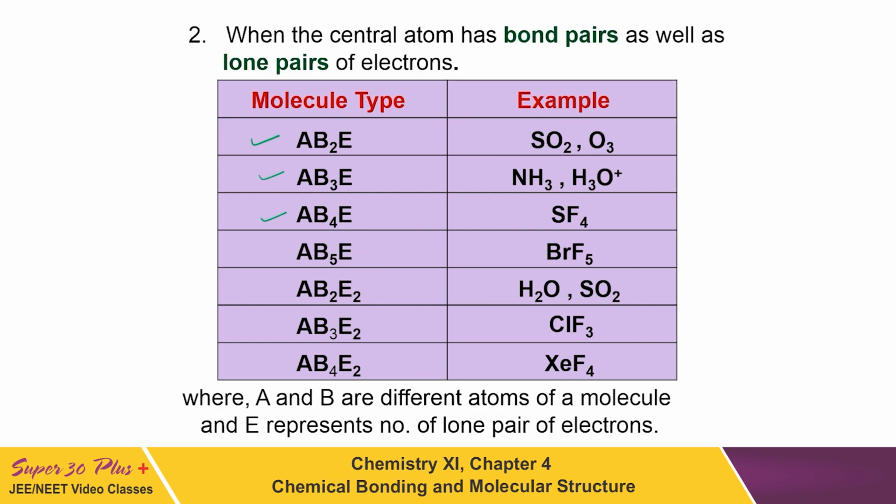This E denotes lone pair, right? And B denotes simple bond pair. So where A and B are the different atoms of a molecule and E represents the number of lone pairs. Suppose you see any species in which 3 lone pairs are there, so you will represent it as E3.